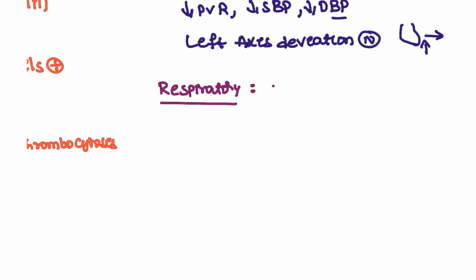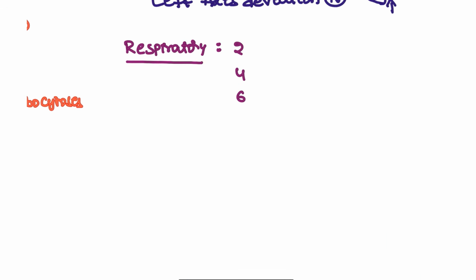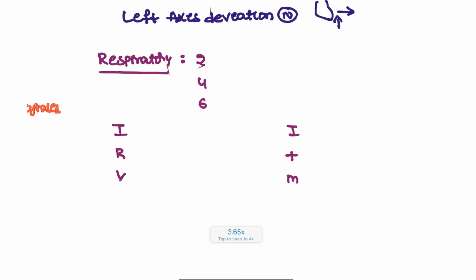So remember it like this: 2, 4 and 6, and IRV and ITM. So what are these changes? Let's see. 2 centimeters is the increase in the transverse diameter of the chest. So the total chest is going to increase its transverse diameter by 2 centimeters.